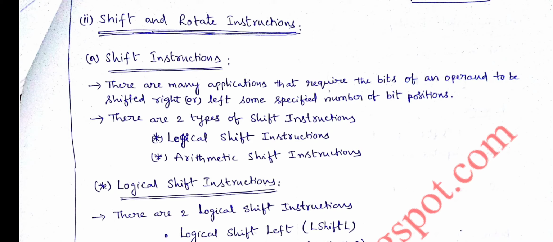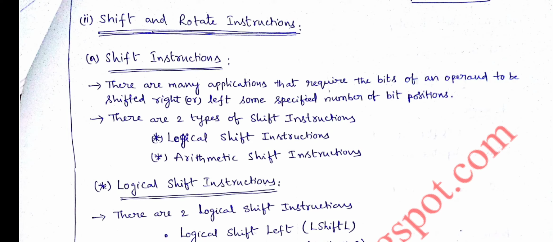Here we have to shift the bits to left or right by a specified number of bits, like move left by 3 bits, or move right by 4 bits, something like that.